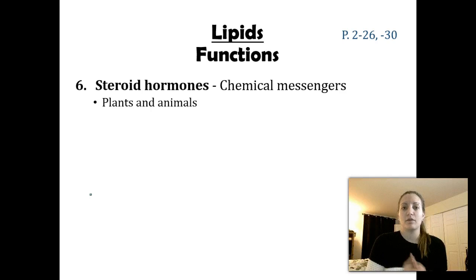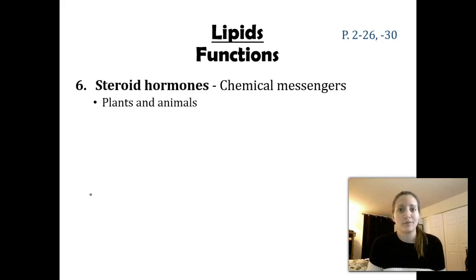The hormones made from fats are called steroid hormones. Again, steroid is referring to fats. So these are hormones that are fat-based, whereas we have other hormones that are protein-based, like insulin. Hormones occur not only in humans, but other animals, and they also occur in plants.